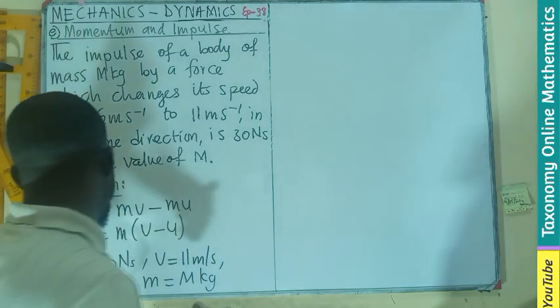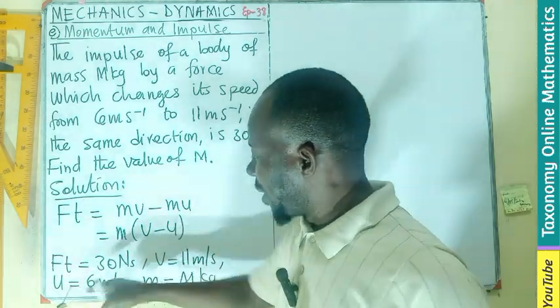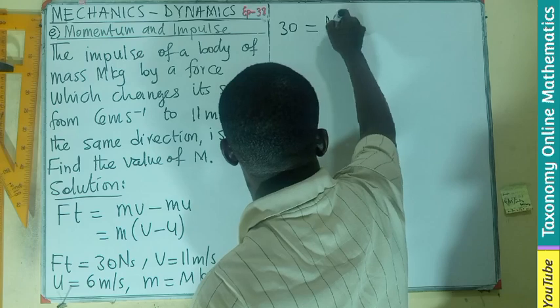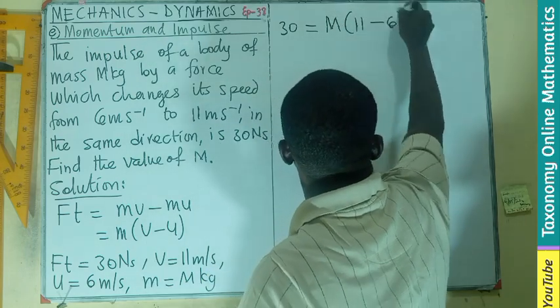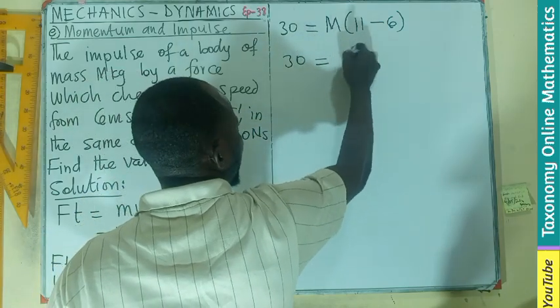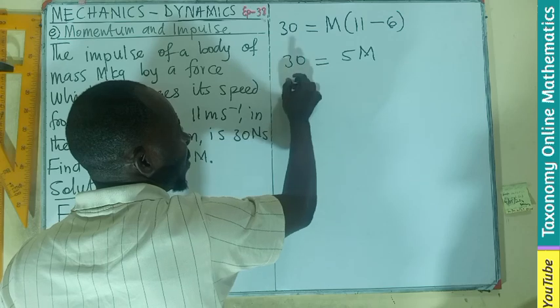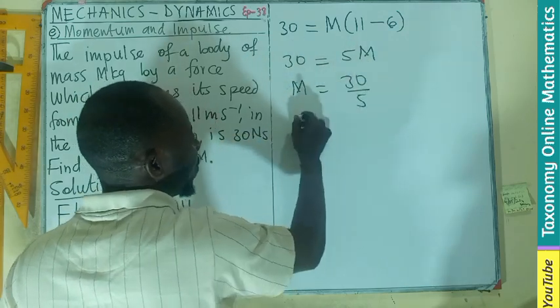So by substitution, the impulse, which is 30, equals the mass times the final velocity of 11 minus 6. That gives us 30 equals 5m, and m will become 30 divided by 5.